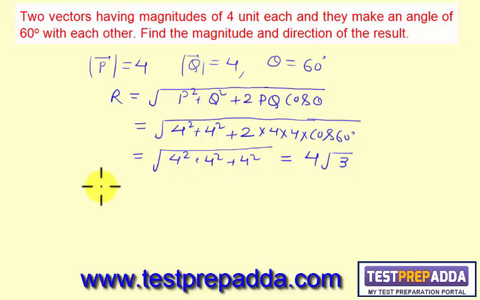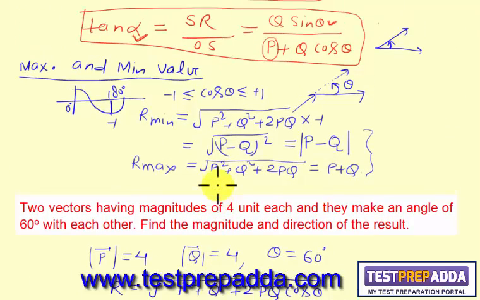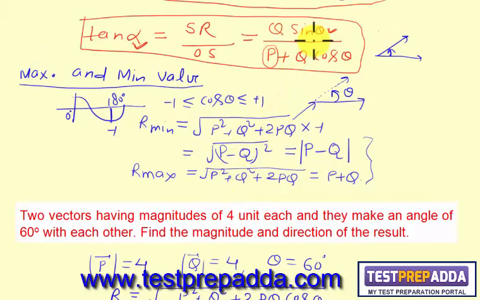Here, if I try to find the angle of the resultant vector with the first vector P, it will be tan alpha is equal to, as we have written earlier, tan alpha is equal to Q sine theta upon P plus Q cos theta.